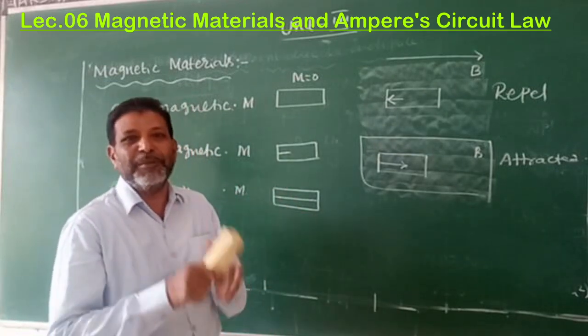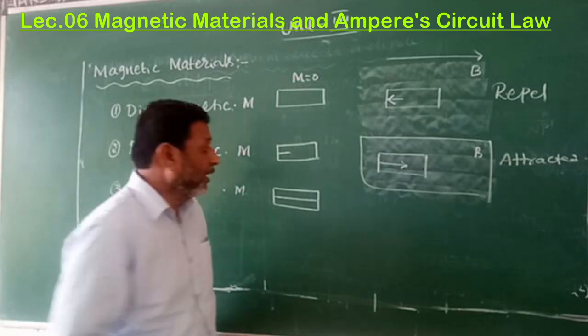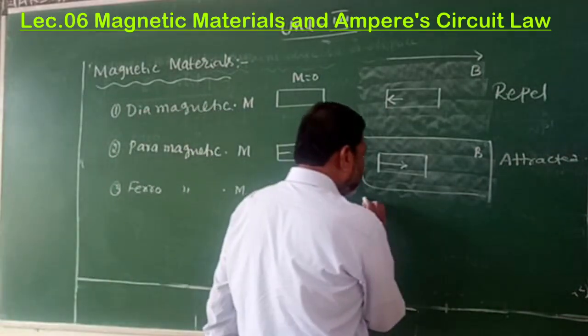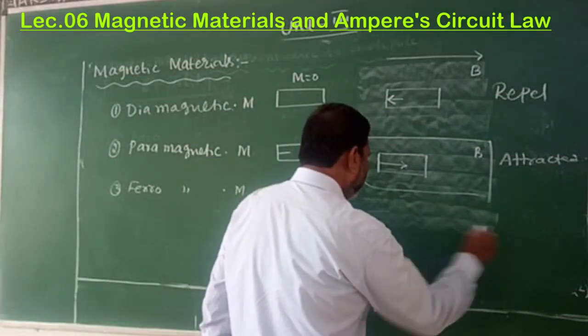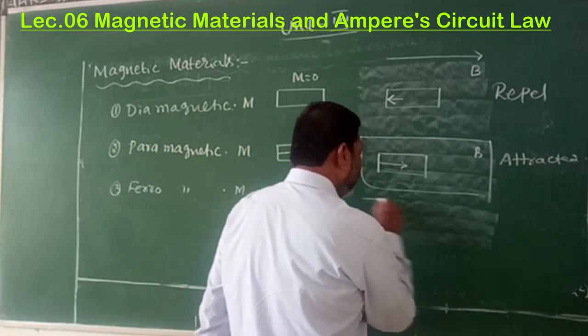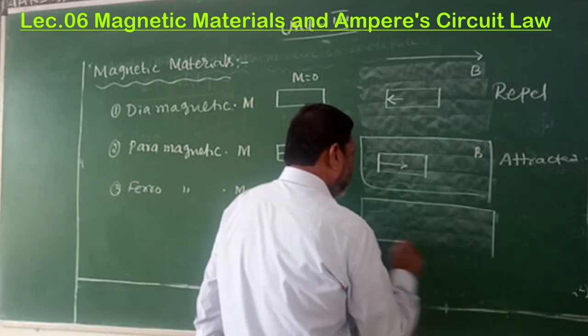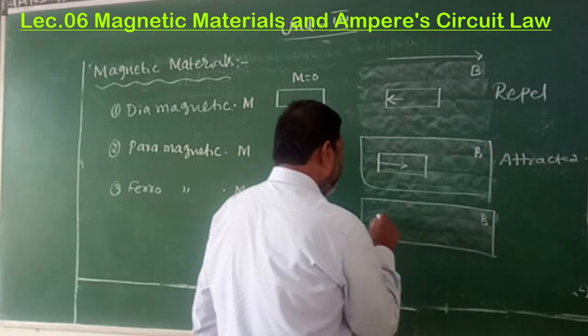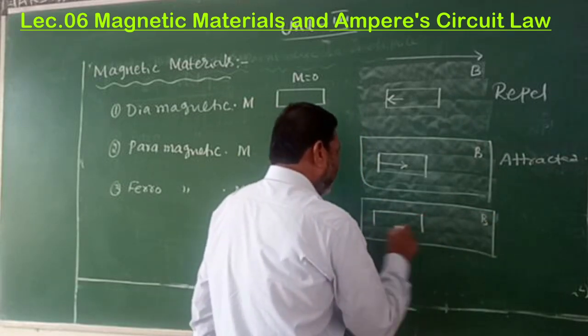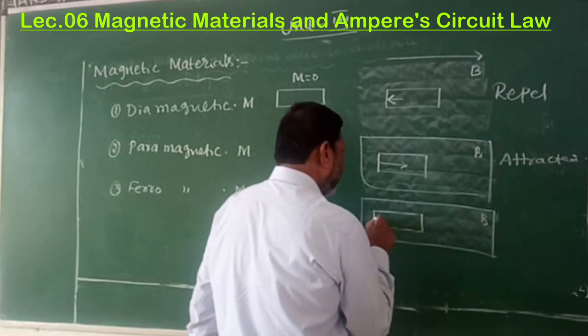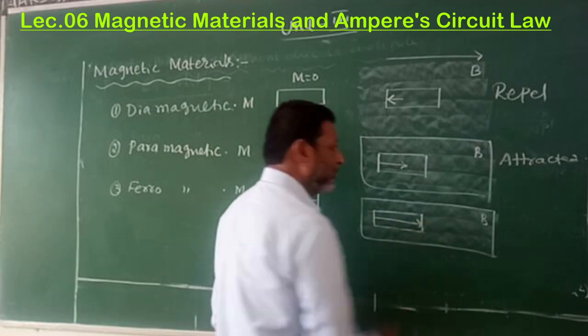It is not aligned in a particular direction. When such a material is placed in a magnetic field, the magnetic moments align in the direction of the applied field.